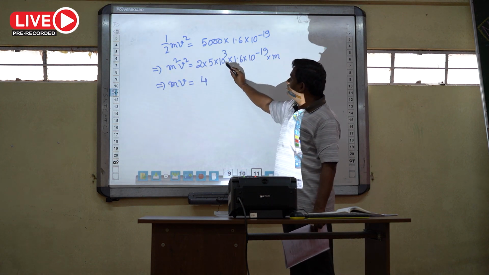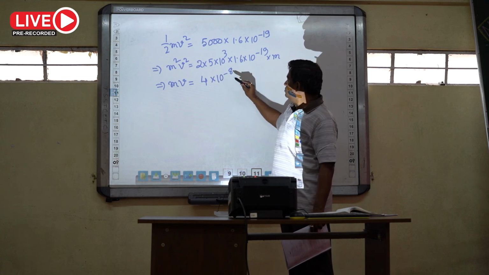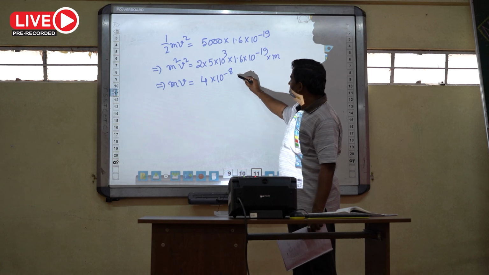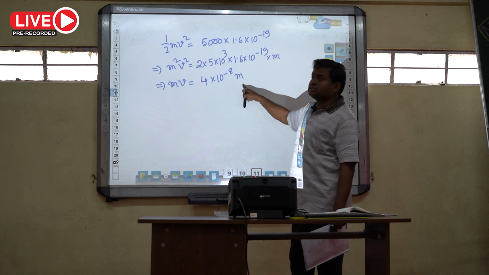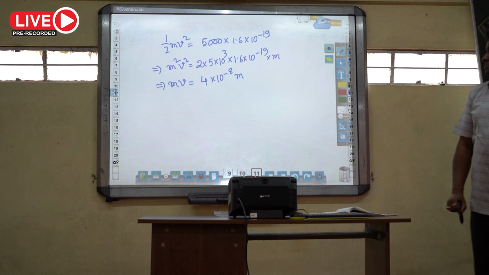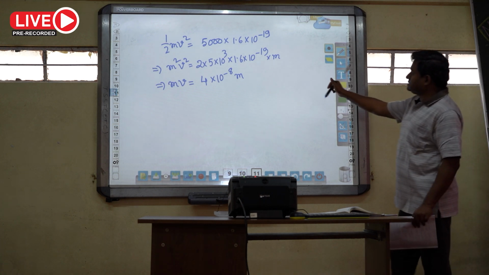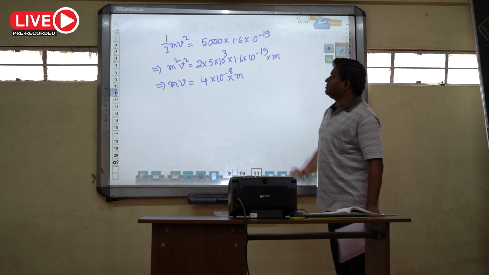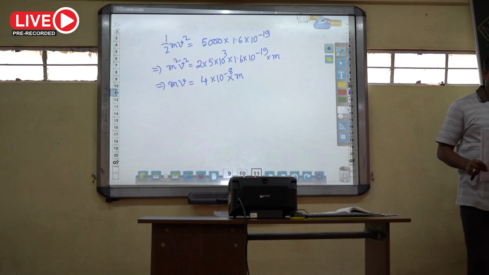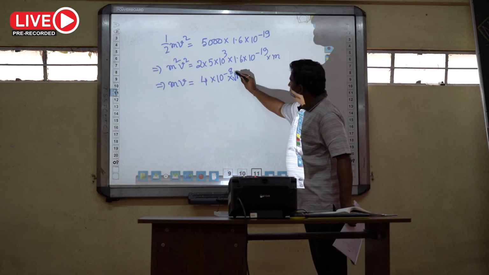This one is 10 to the power minus 16, so that is 10 to the power minus 8. We will change the unit later. Into square root of m. This m is not meter, this is mass. Don't get confused that this one is meter, so I will better write it with the multiplication sign.